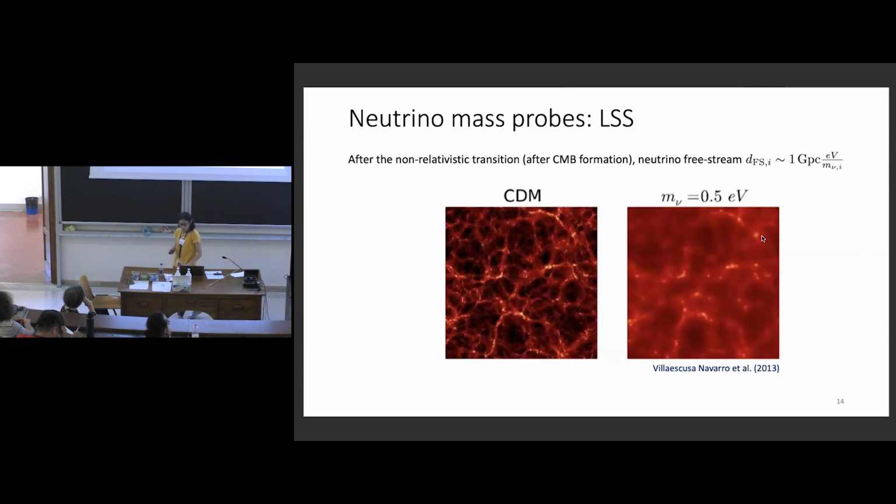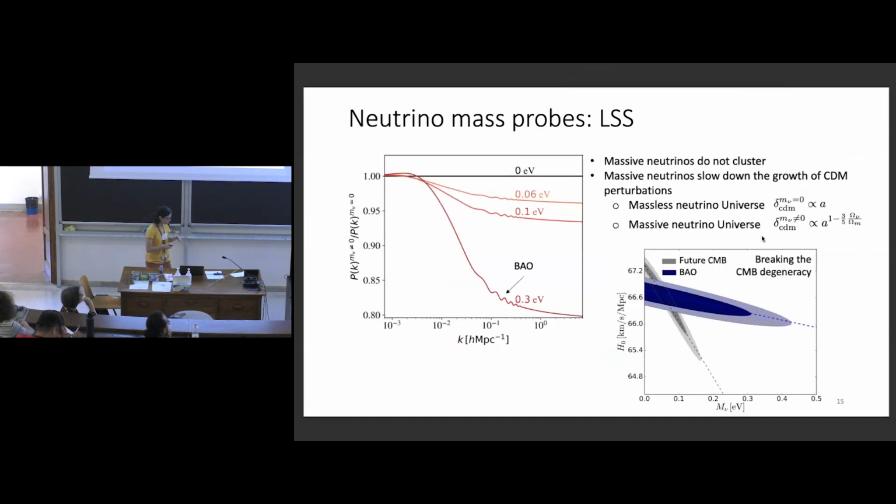And if we want to translate these images into something more quantitative, then we can look at the matter power spectrum. So this is the ratio of the matter power spectrum in a massive neutrino cosmology compared to the matter power spectrum in a massless neutrino cosmology, the reference.